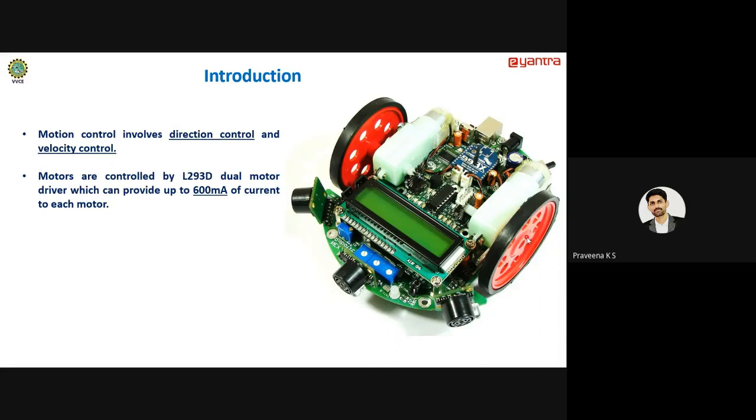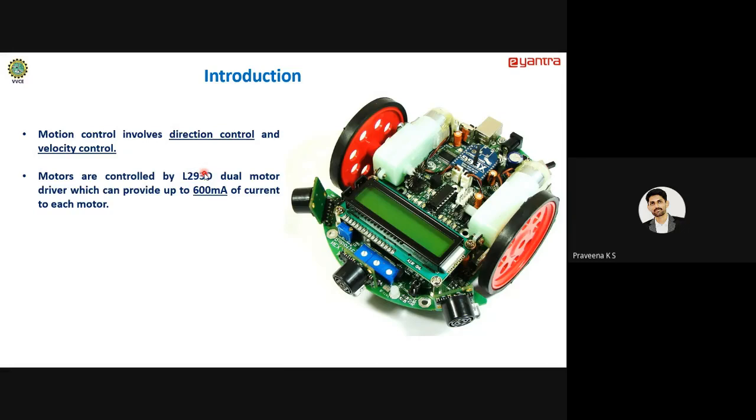That means our battery will not give enough power to drive the motors. For that reason, we have to boost up the current so that it will be enough for the wheels or the DC motor to take the robot forward. Fine. To boost it up, we need a motor driver IC called L293D.